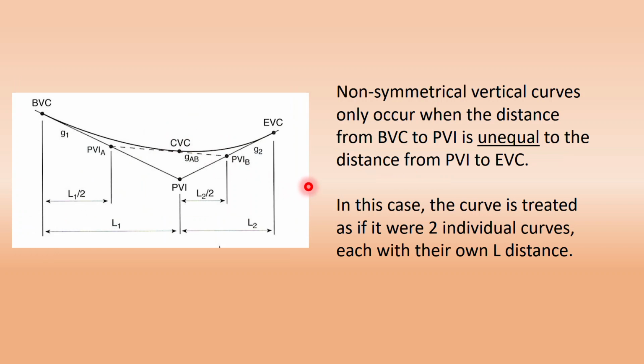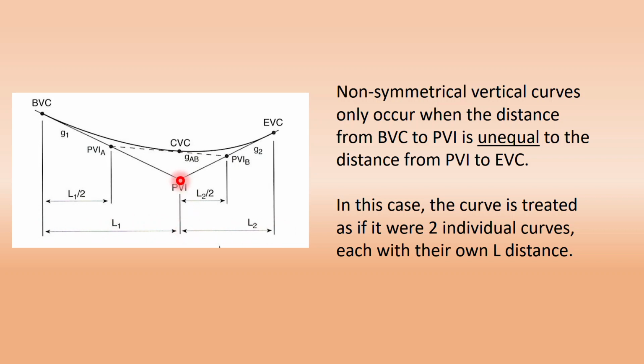So this is the only real mention we're going to make of non-symmetrical curves. This diagram comes out of the textbook, so they do spend a little bit of time talking about it. But when your PVI is not equidistant back to your PVC and your end of vertical curve, you have different L1 and L2 distances, and you treat it as if it were two independent symmetrical curves.